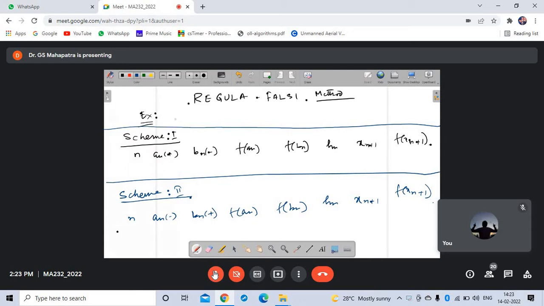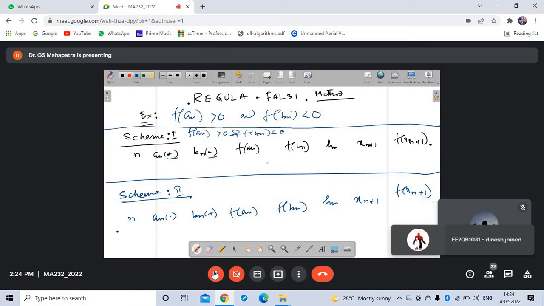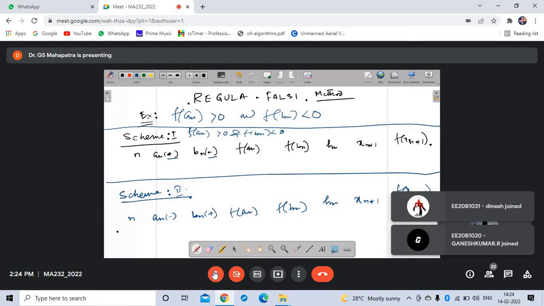Two schemes are there, scheme 1 and scheme 2. The difference is: if f of an is greater than 0 and f of bn is less than 0, that is scheme 1. Only the sign changes here, so only the replacement will change; the rest is the same.